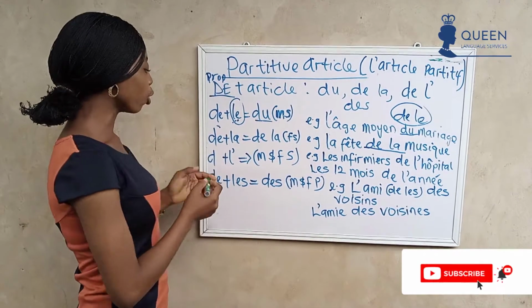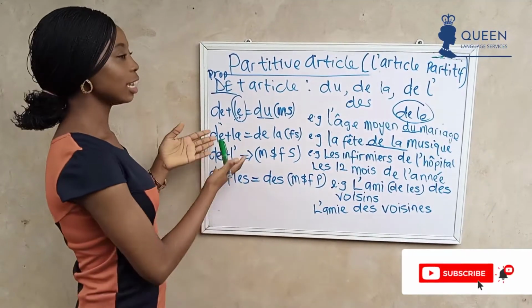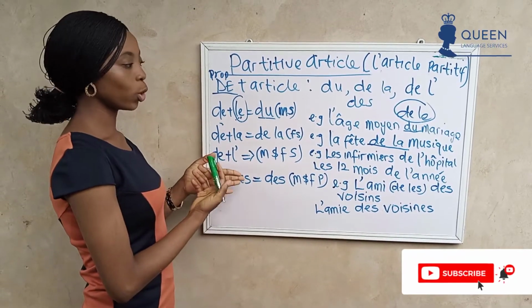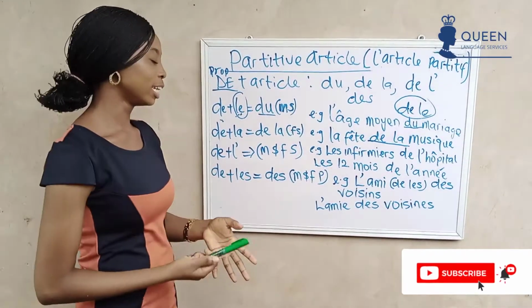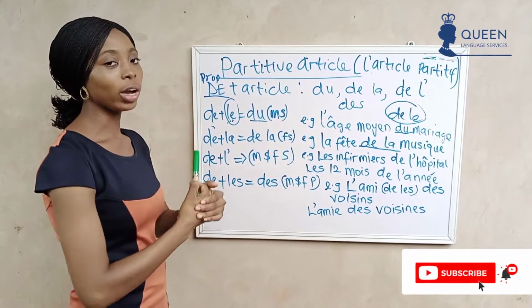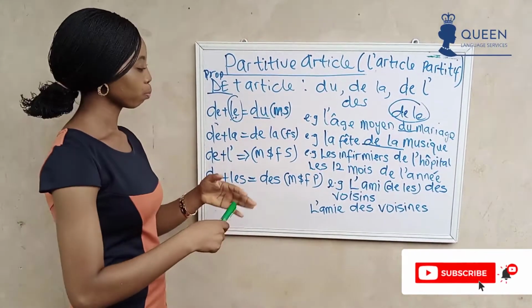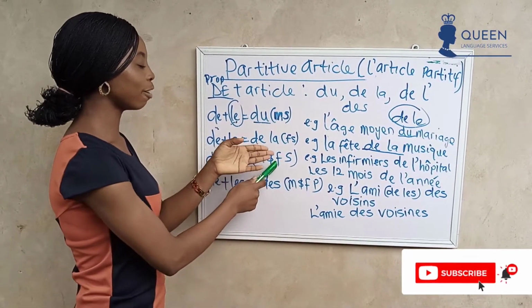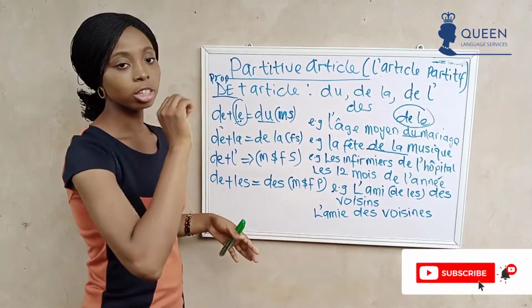Let's look at another one. We have our de, which is our preposition, and the l apostrophe. We have it to be l apostrophe when the word coming after is a vowel or a silent h, then the le or la turns to l apostrophe. We use it for both masculine and feminine singular.